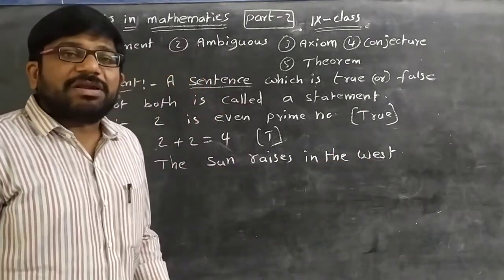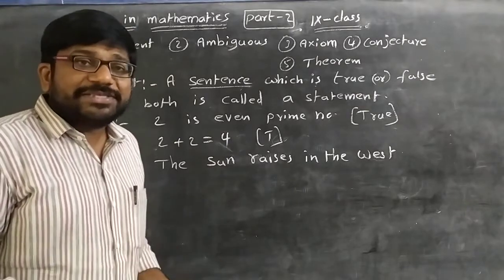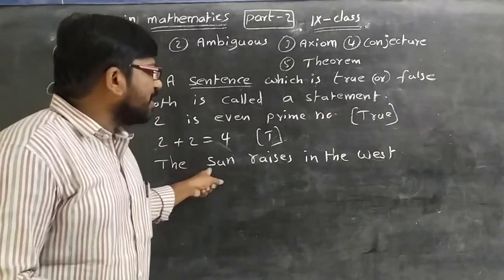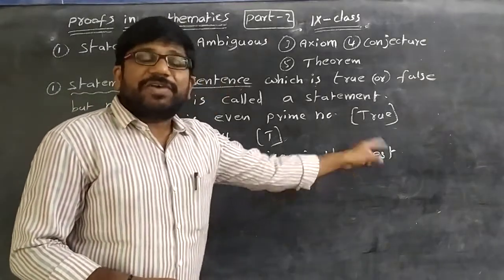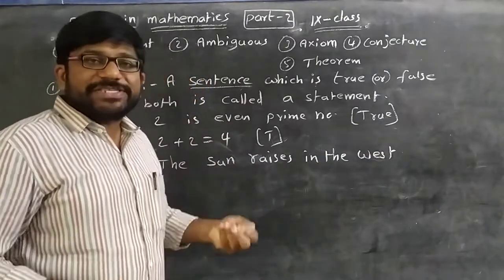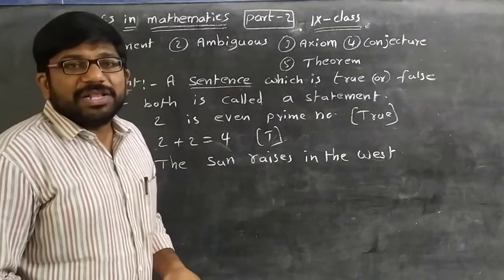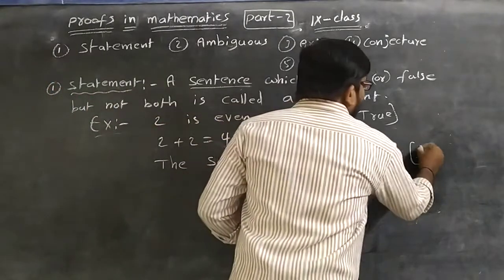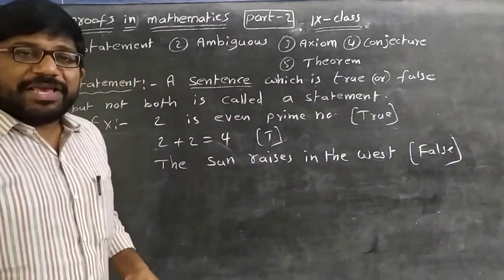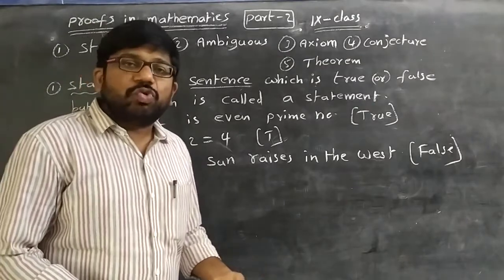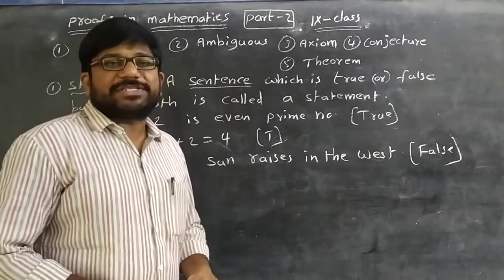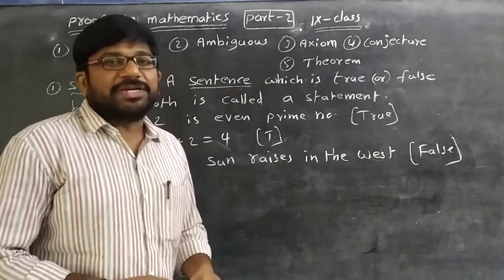Generally the sun rises in the east, that is a true statement, but here they have given the sun rises in the west, so it is false. It is called a false statement. In this way, a sentence which is either true or false, where we can decide whether it is true or false, is called a statement.